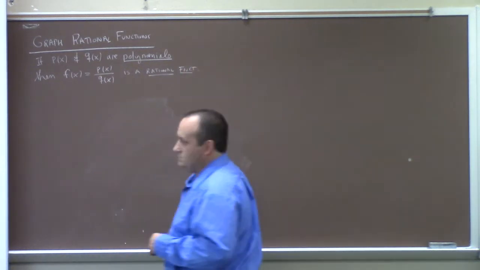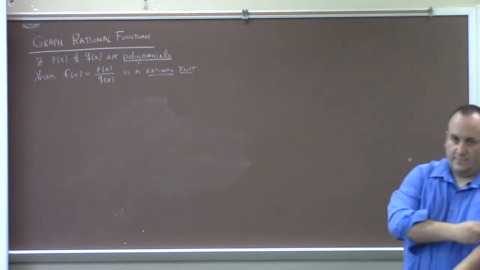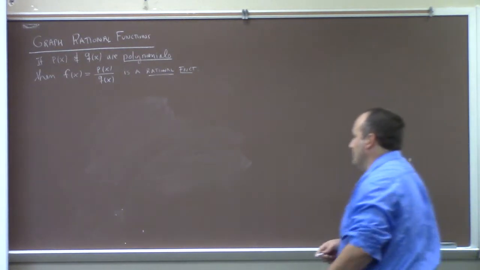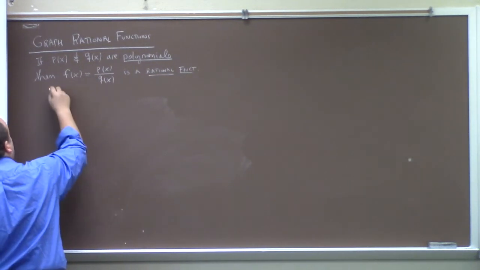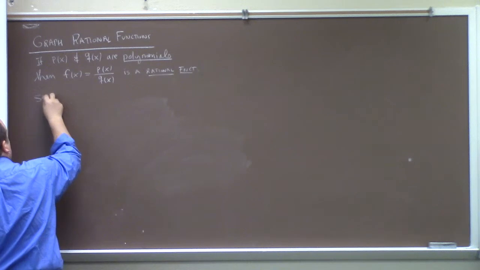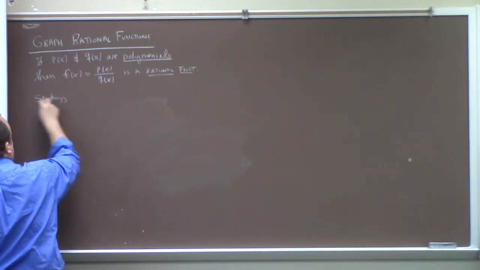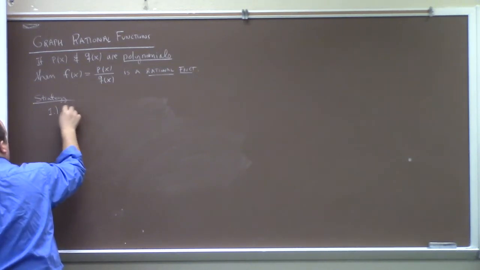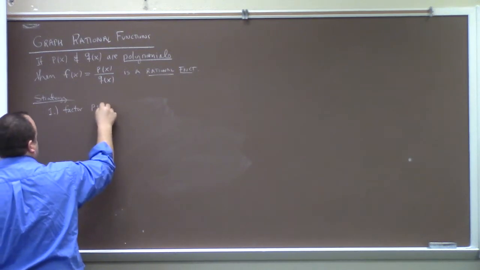All right. So how do we graph rational functions? Here's basically a strategy. Number one, factor p of x completely.